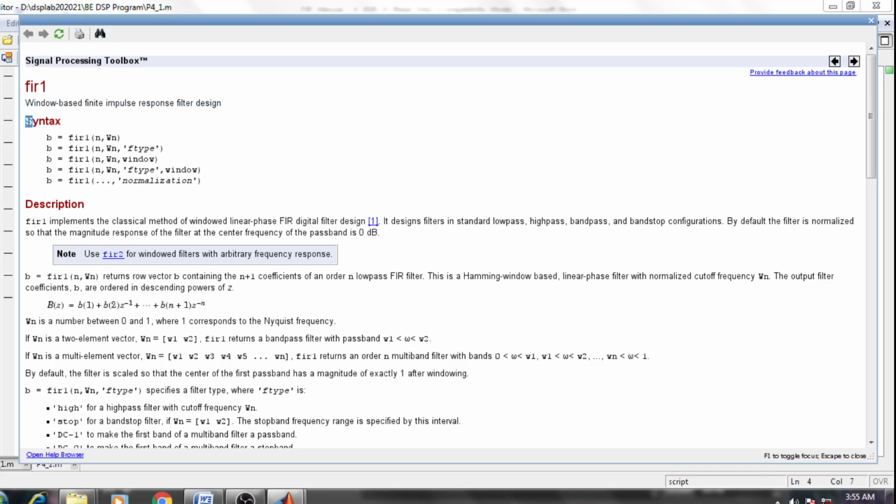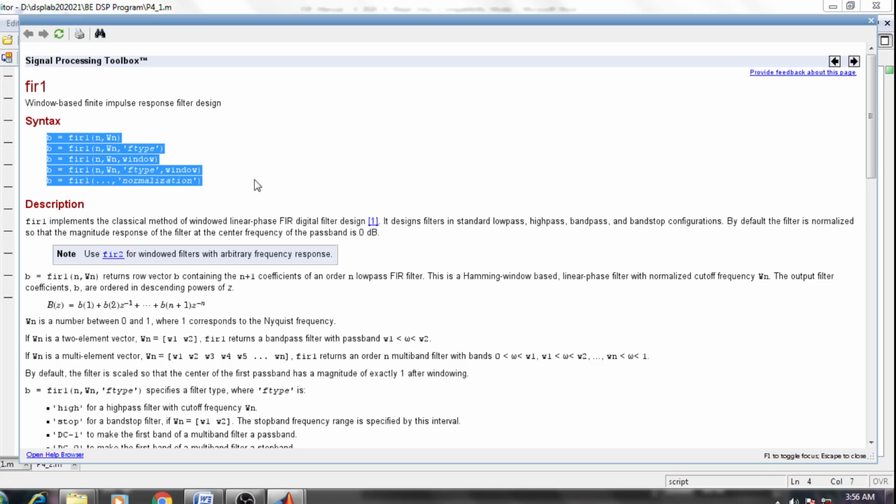The syntax of this function is given in 5 different types. These are the various types. You can define it with various parameters like n comma omega n. So n and omega n are common. When you define FIR1 with n comma omega n in brackets, it returns a row vector b.